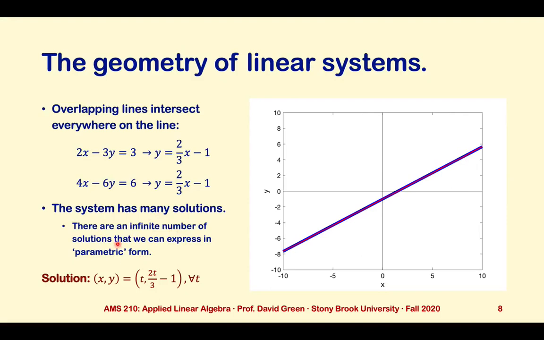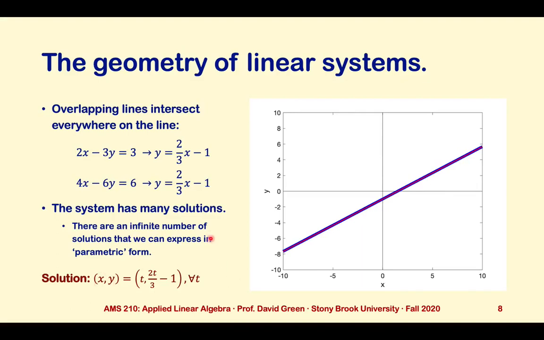One way is to use what we call parametric form. We use some parameter, usually a different symbol than the variables in the problem, to represent the freedom in the set of solutions. So here I will use t. And then we come up with an expression for each of our variables in terms of that parameter.